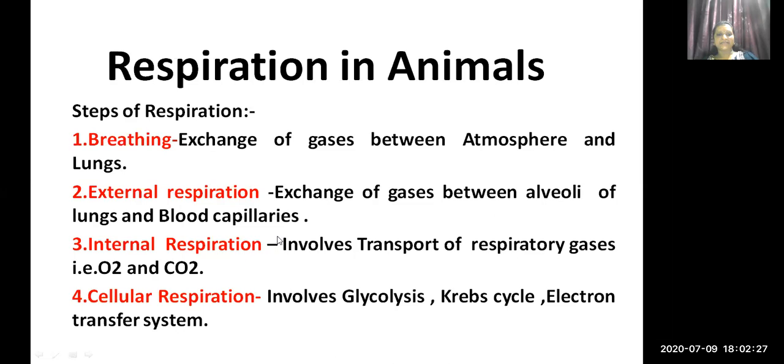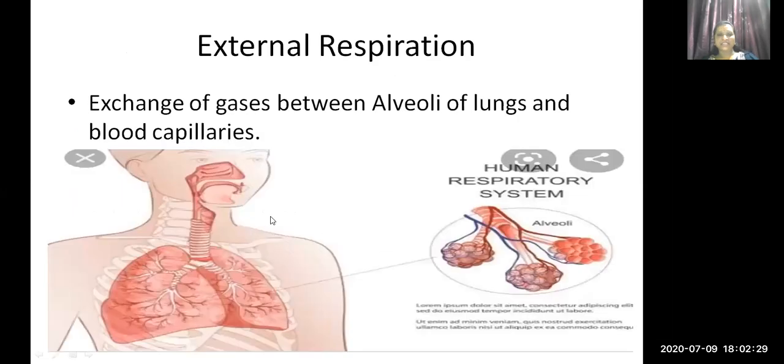So let us start. Here you can see the diagram of a respiratory system. Now, the respiratory system consists of nostrils, nasal chamber, pharynx, larynx, trachea.